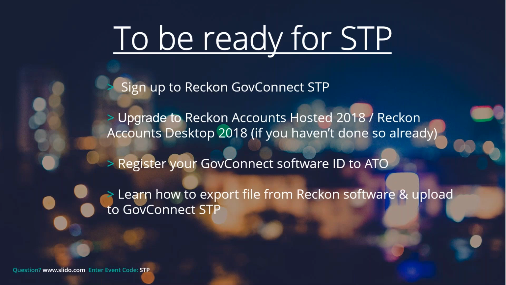You also need to register your software ID to the ATO, and learn how to export the STP file from Reckon software and upload it to GovConnect. These are the 4 key points to take away in terms of setting up for STP: sign up to Reckon GovConnect, upgrade your Reckon accounts software if you haven't already, register your software ID to the ATO, and learn the process of exporting your STP file from Reckon software and uploading it to GovConnect.